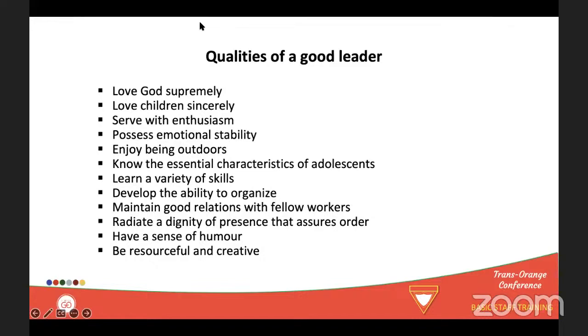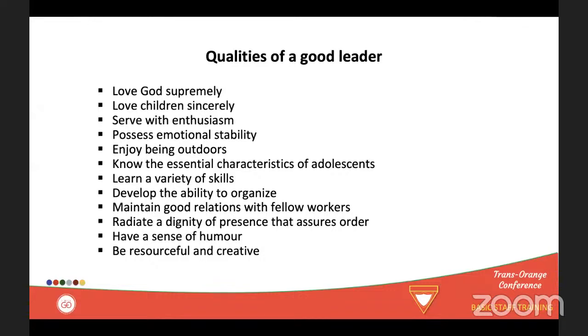You must enjoy being outdoors. Children love playing. You cannot keep children indoors continuously. So even yourself must enjoy being outdoors. If you want to check how much children love outdoors, just have an afternoon program. You were with the kids in church from the morning, you took a lunch break, and you are back again in the afternoon for a program in church.